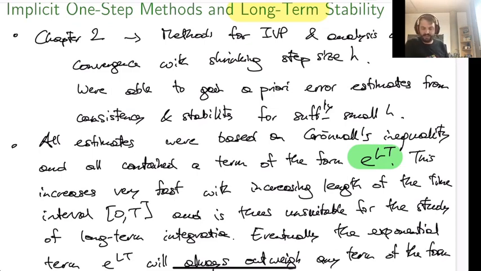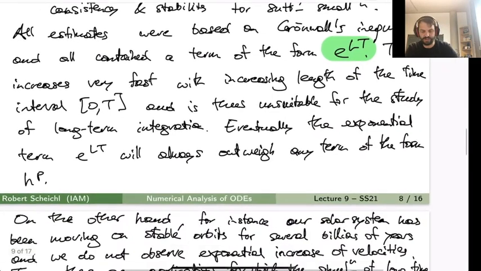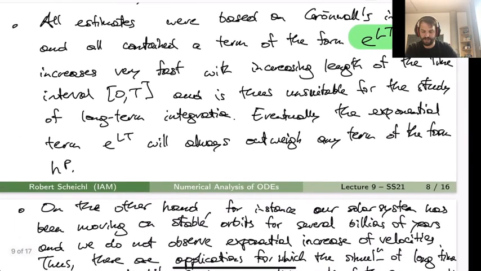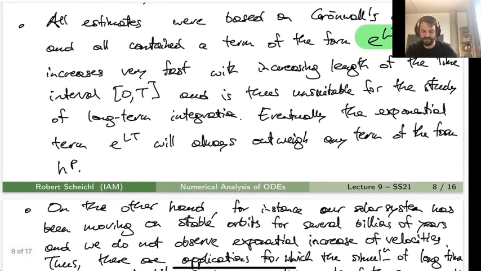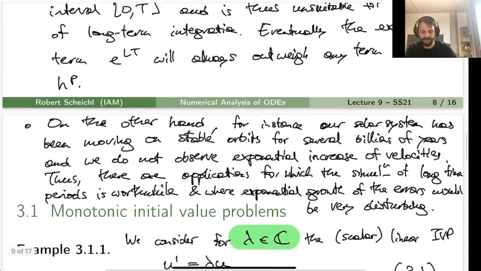So as t grows, as the capital T goes to infinity, eventually this term will swamp all our h to the p terms in our approximations, even if p is very large and h is very small.